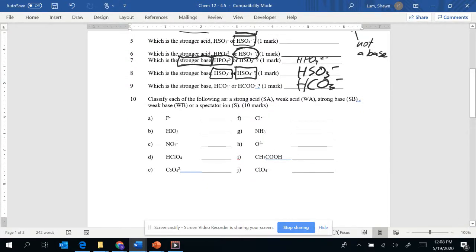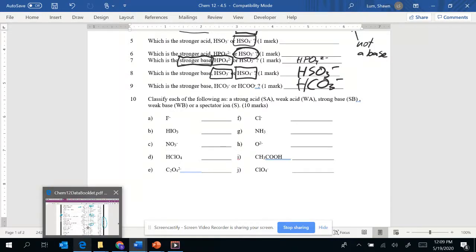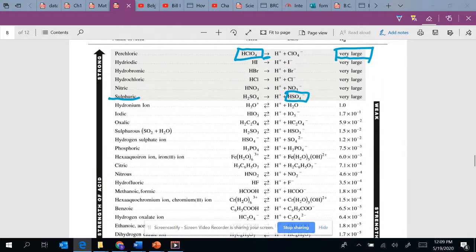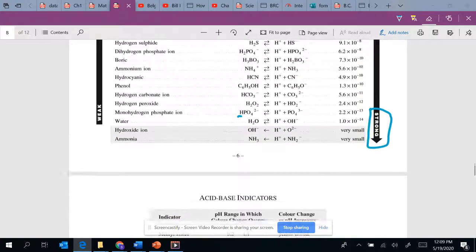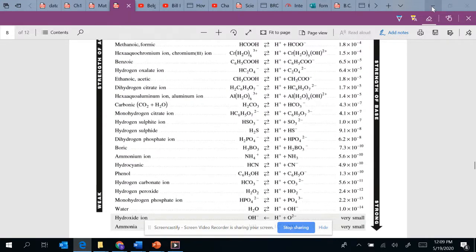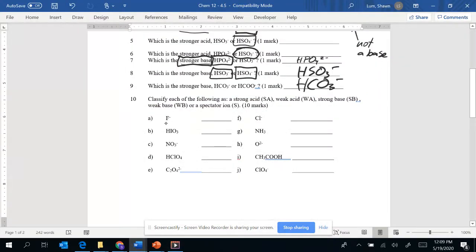So a lot of these ones I have kind of memorized, but we'll go over them because you probably don't have this thing memorized like I do. So it's going to be a little bit slow, but that's fine. Okay, so we're just going to kind of clean this up just a bit right here. And yeah, so the first one that we're going to do is F minus right here.